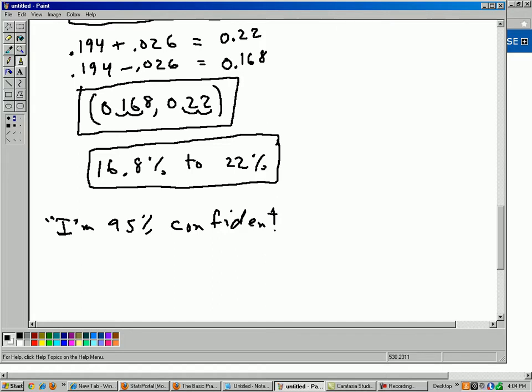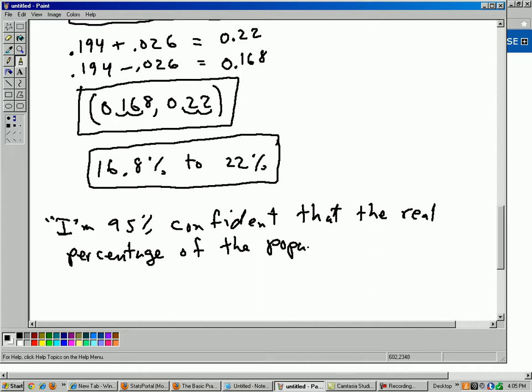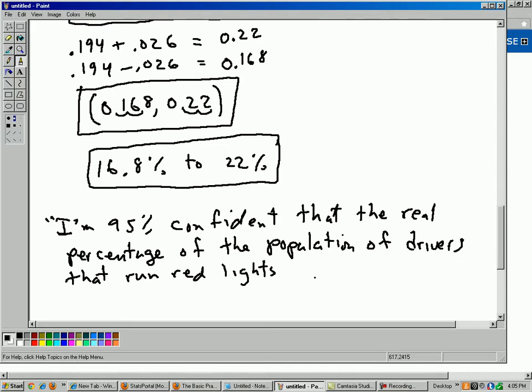This interval is probably capturing the p, but I'm 95% confident that the true percentage of the population of drivers that run red lights, or that would answer yes to the question, run red lights, is between about 16.8% and 22%. Okay, so that's one way to interpret that.